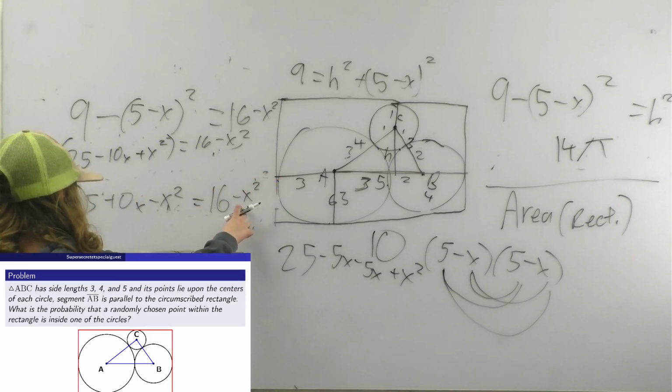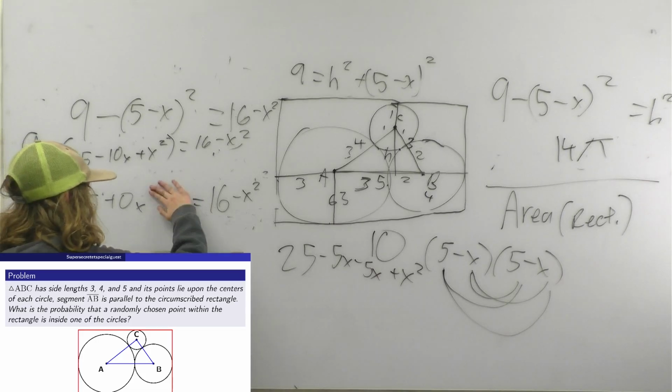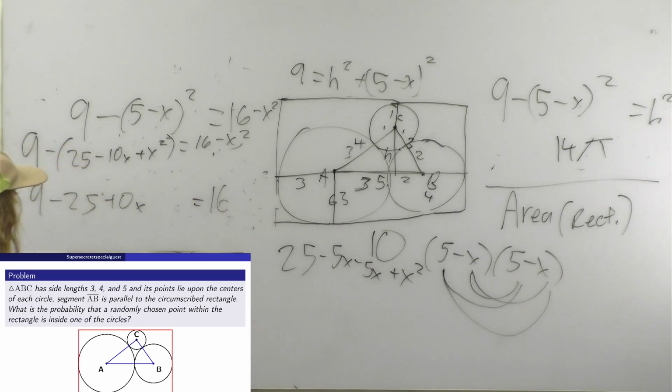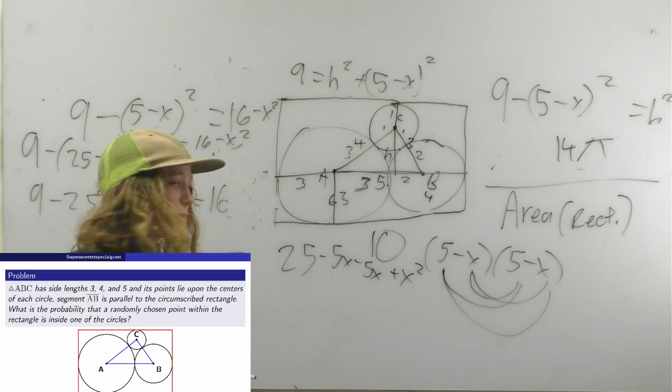Now we can just add x squared to both sides to cancel out these negative x squareds. So that means we get 9 minus 25 plus 10x equals 16. So let's add 25 on both sides to get, what's 16 plus 25? Is that 41?